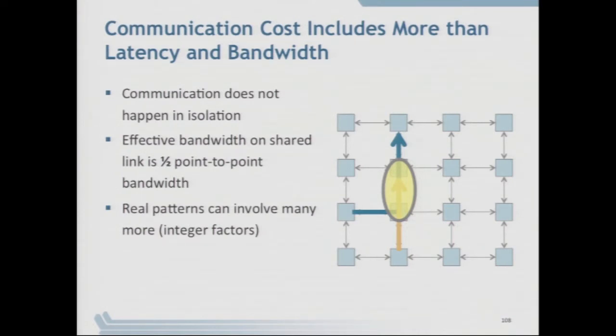Okay, and when you have real communication patterns, you can get these all over the place. In some cases, it is impossible to avoid, so you just have to live with it. And there are strategies that you can take to try to minimize it.